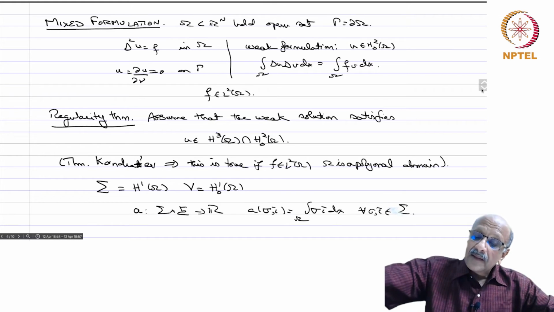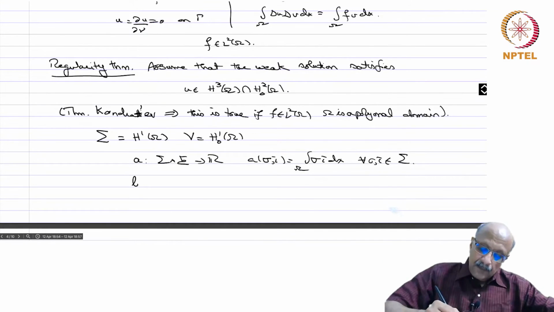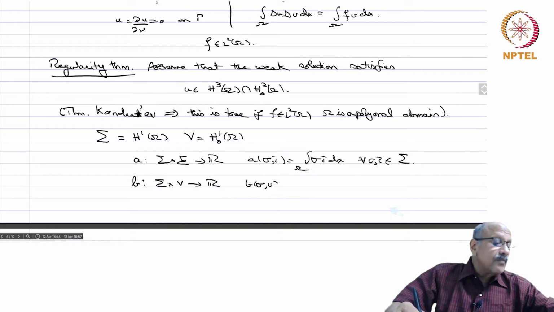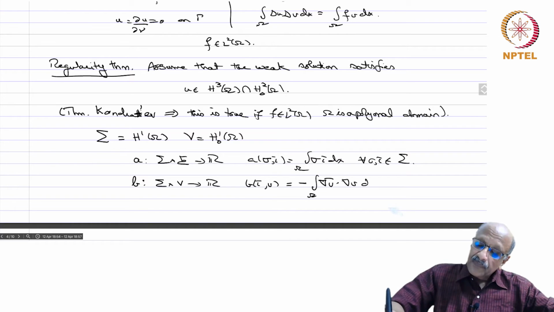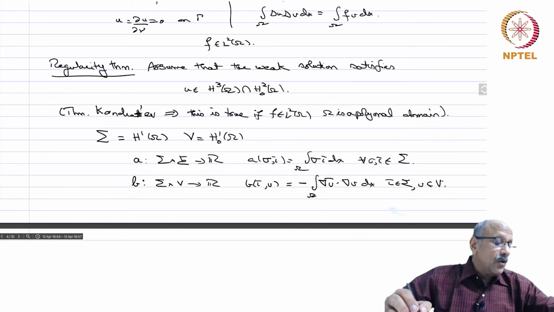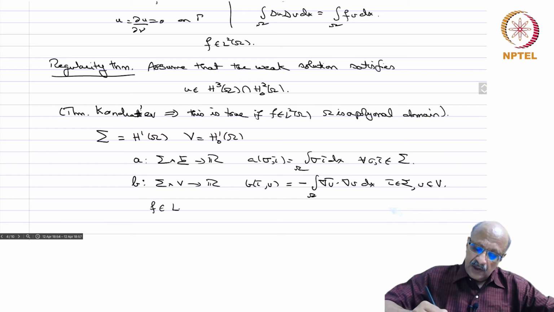Okay, and then B is from sigma cross V into R, and B tau V, sorry, equals minus integral on omega grad tau dot grad V dx. Okay, so tau in sigma and V in V. And then you have of course that f is in L2 of omega.